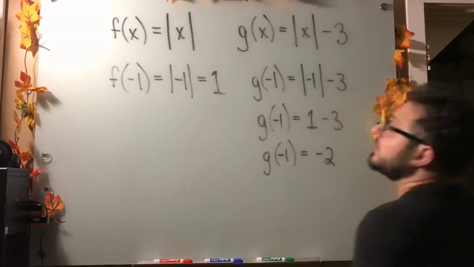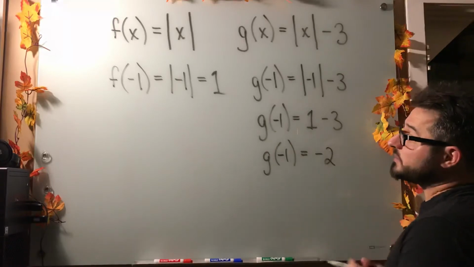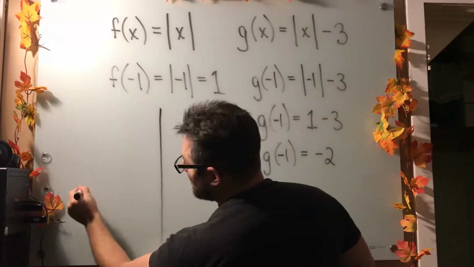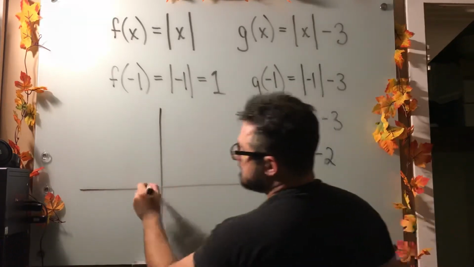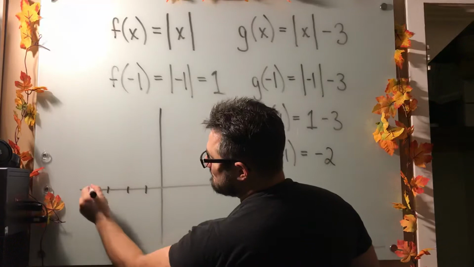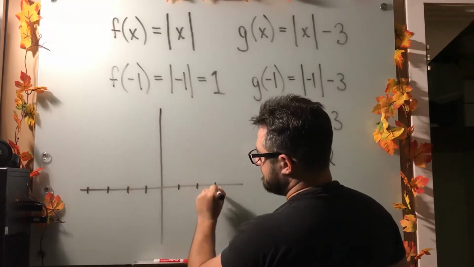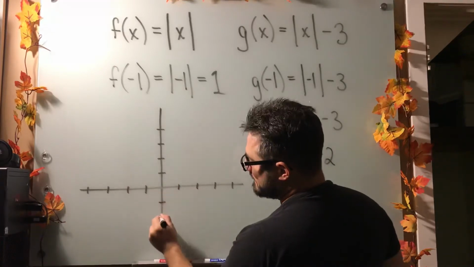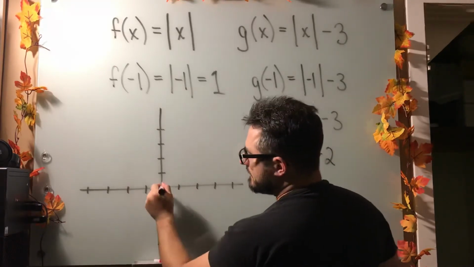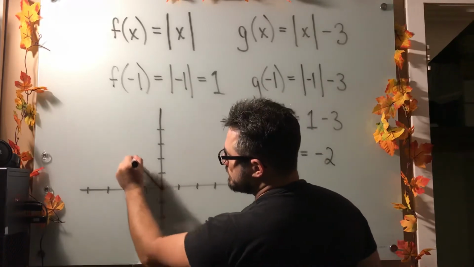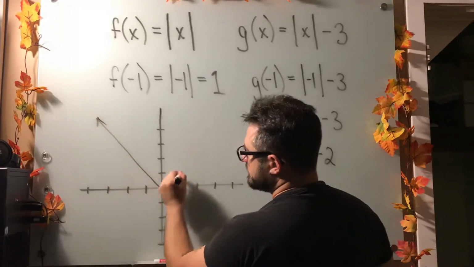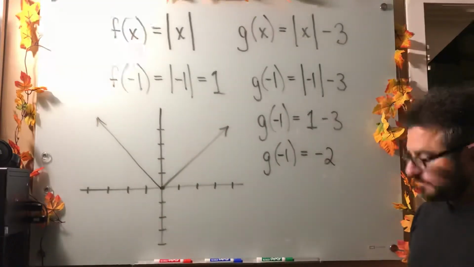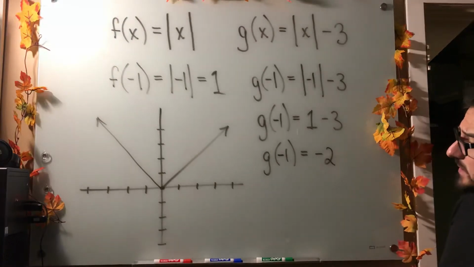Now, we can see this visually by taking the graph of the original function f of x, which has, well, let's use the 2 points that I mentioned before.